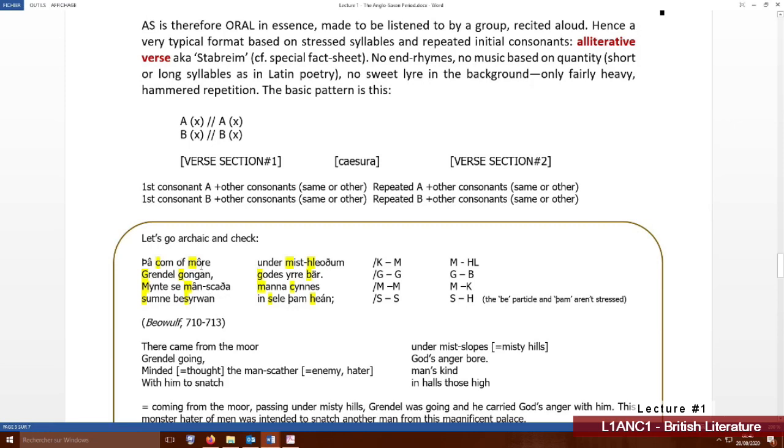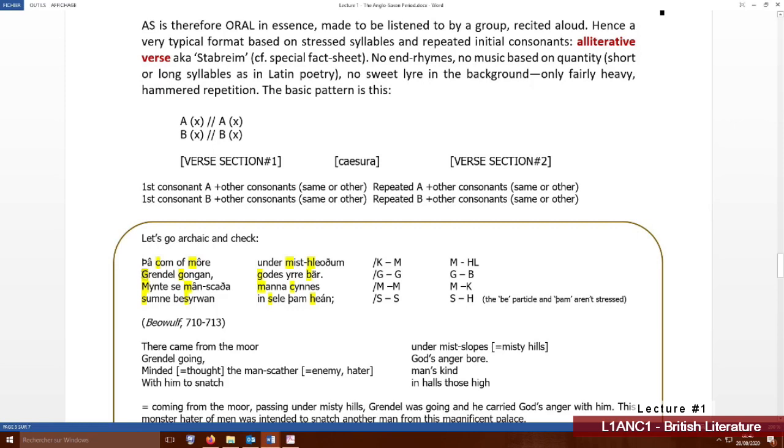Tha kom of mora under misthleothum, Grendel gongan, Godes yrre bær. Now the first one is not really regular, but you have a repetition of M, okay. But the second one is very regular. It's really in accordance with the Stabreim alliterative verse pattern.